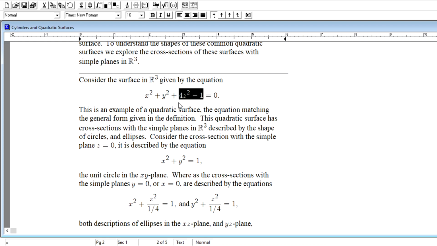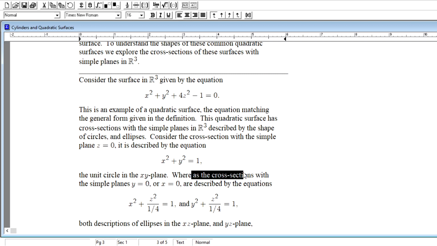This will always turn into some constant, right, that we will be able to subtract from both sides, where x squared plus y squared equal to that constant describes a circle centered at the origin with radius squared equal to the right-hand side. Right, here we had the case for the unit circle, right?